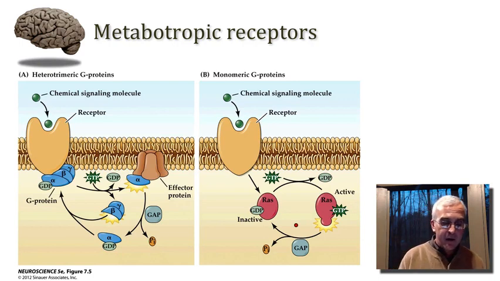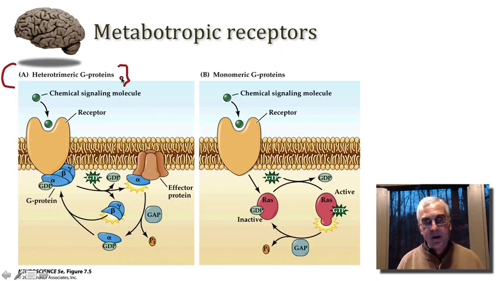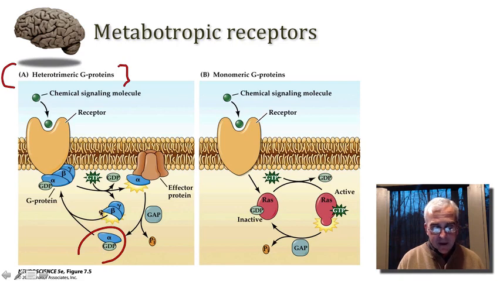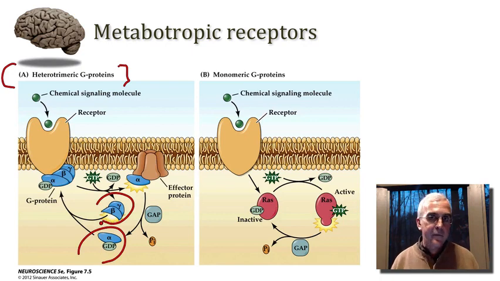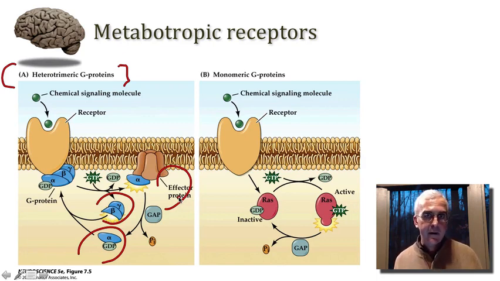We have our more canonical heterotrimeric G protein systems illustrated to the left, and so activation of G proteins alpha as well as the beta and gamma G proteins can go on and mediate a variety of postsynaptic effects, interacting with effector proteins, some of which may produce second messengers themselves, others which may activate enzymes that can lead to the phosphorylation of target proteins and the activation of a variety of systems within postsynaptic cells.